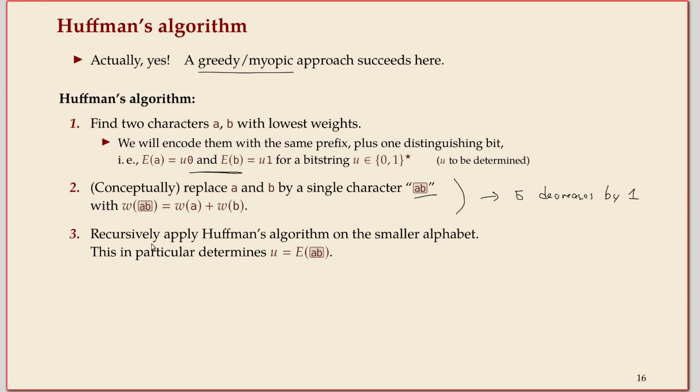When this recursive algorithm returns, it will construct a code for, in particular, our character AB, and that will be the U that we use up here. Formally, there's the base case missing. If I'm looking for a code for just 2 characters, I just assign 0 and 1, and that's it. So you need this base case. Other than that, this description is all there is to Huffman's algorithm.